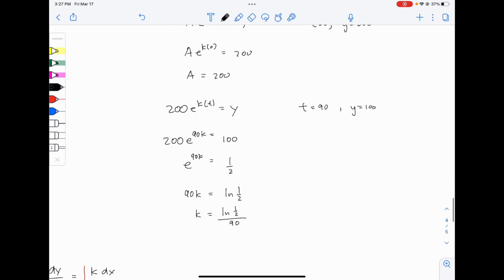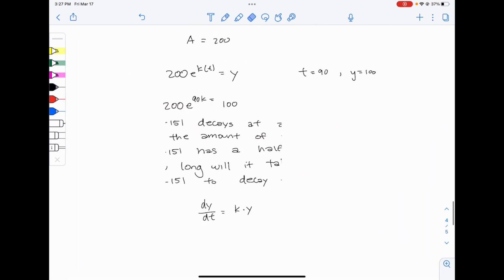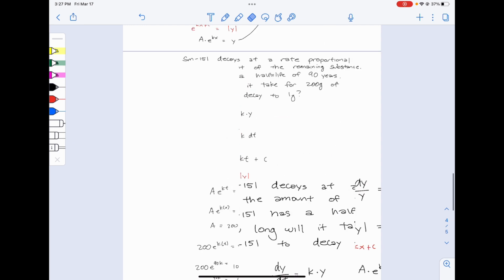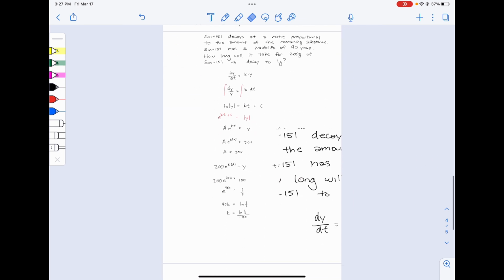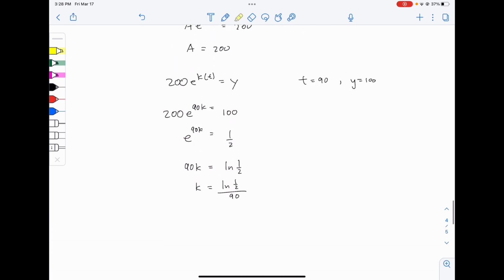Once again, plug in all we know. We have a, we have k, so 200 e to the ln of 1 over 2 over 90 times t is equal to y.